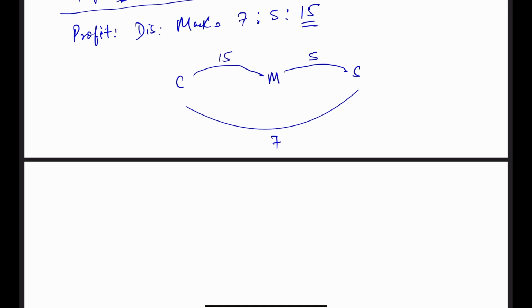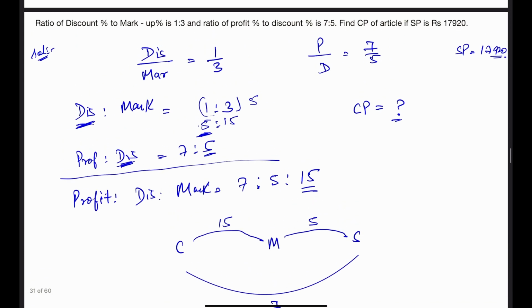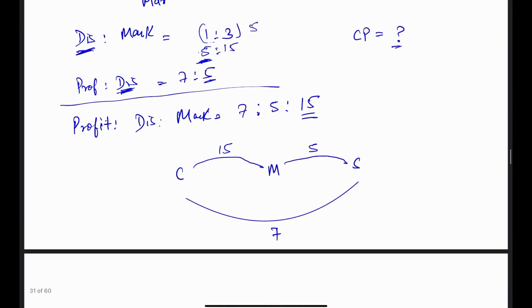How can I get a number which satisfies this, and that multiple will give me the profit percentage? These are all percentage values.